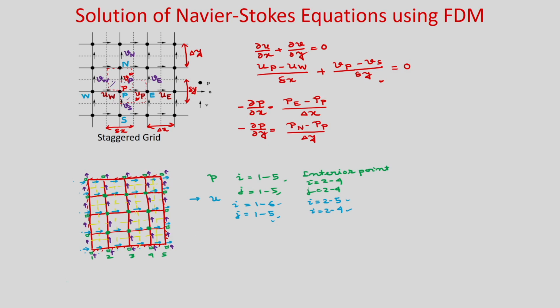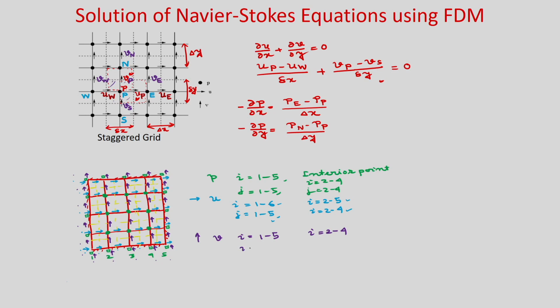So, now you see this is your v velocities, I varies 1, 2, 3, 4, 5. So, 1 to 5, interior points vary 2 to 4, and j varies 1, 2, 3, 4, 5, 6.